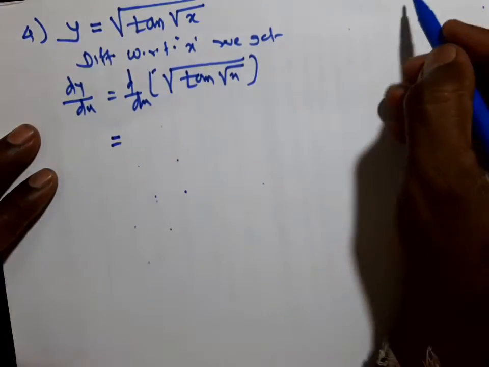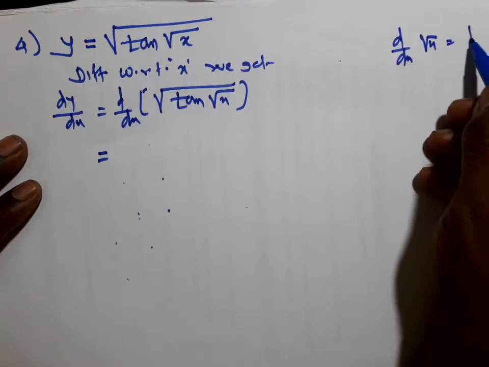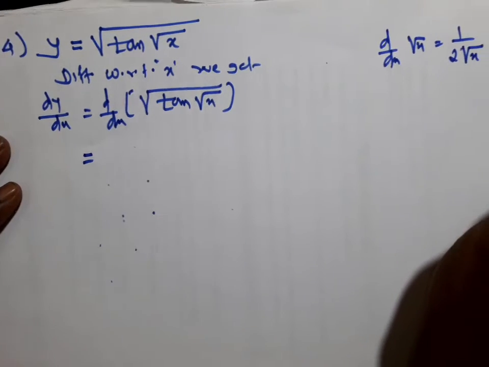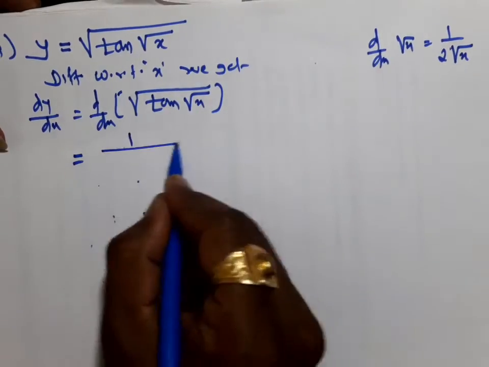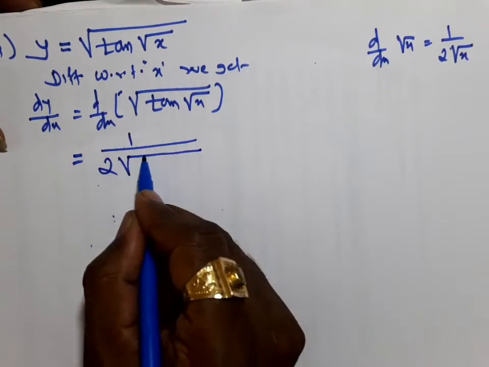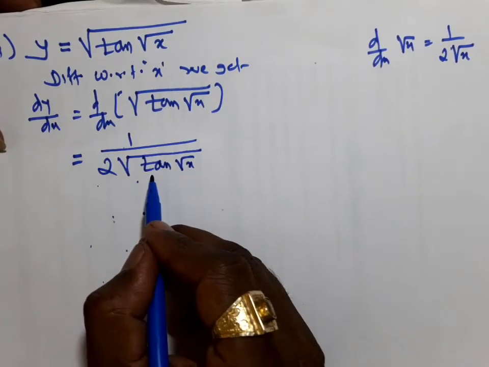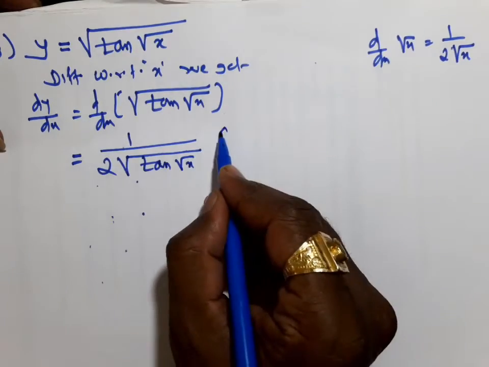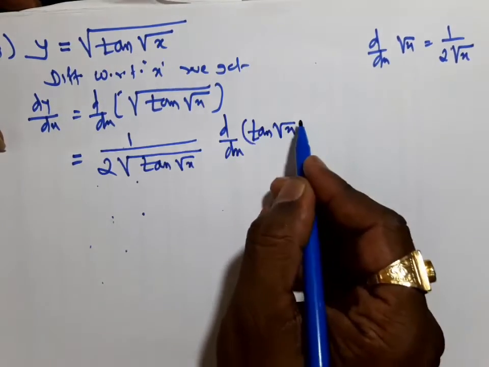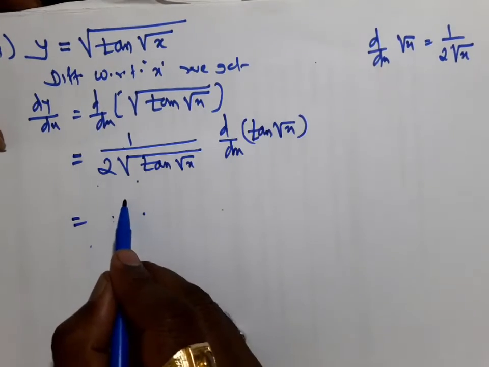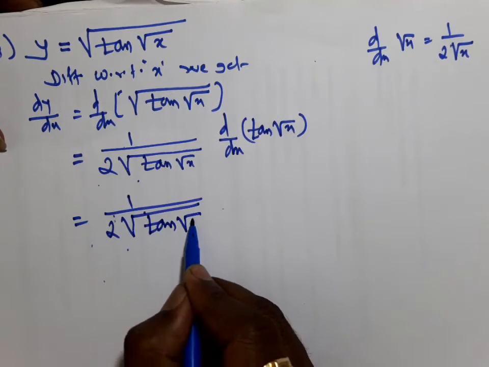Now, you know that d dx of root x is 1 upon 2 root x. I am going to use this rule. This will be 1 upon 2 root tan root x. But the inside is a composite function, so we have to find the derivative of tan root x. Again 2 root tan root x.